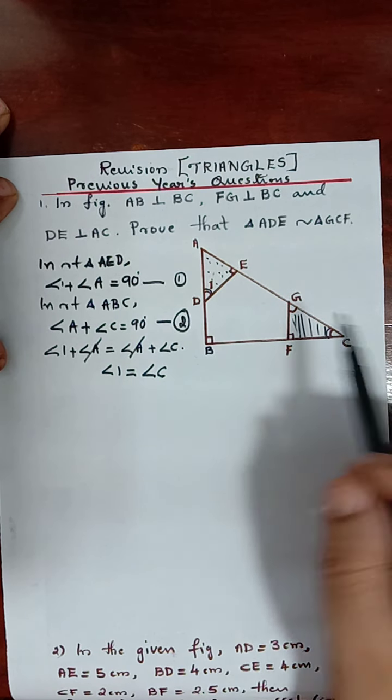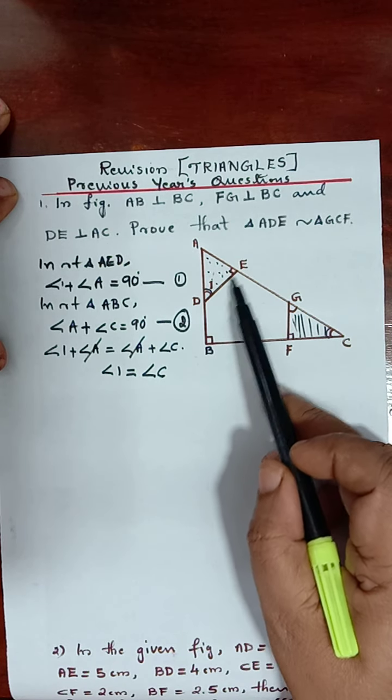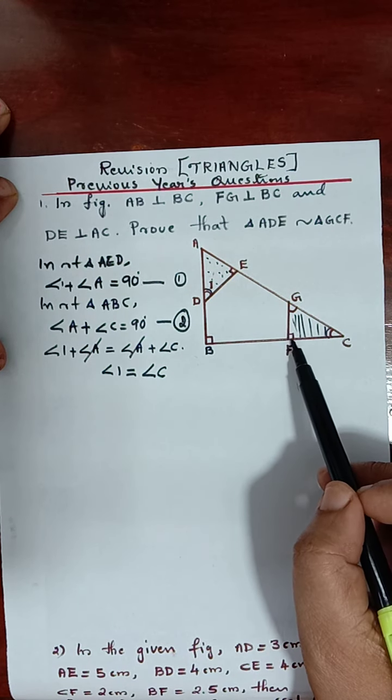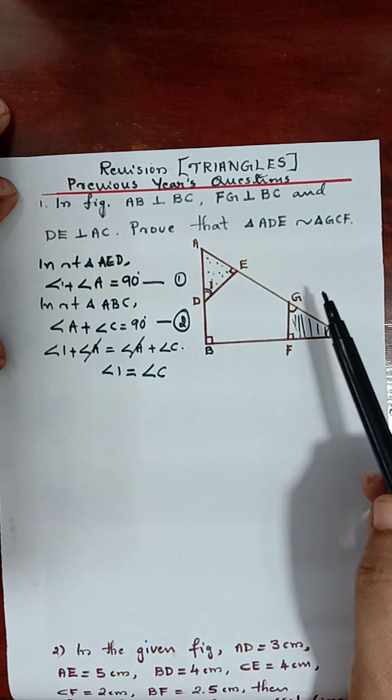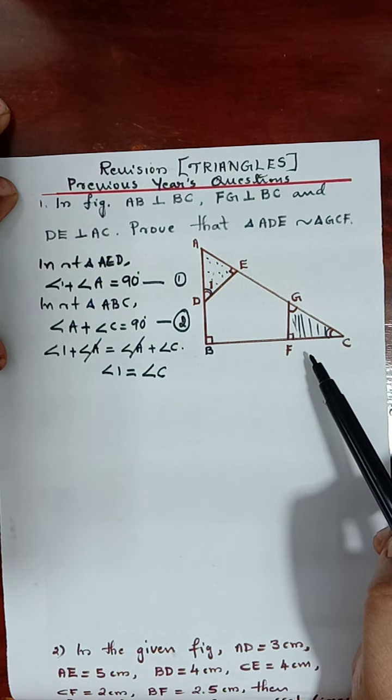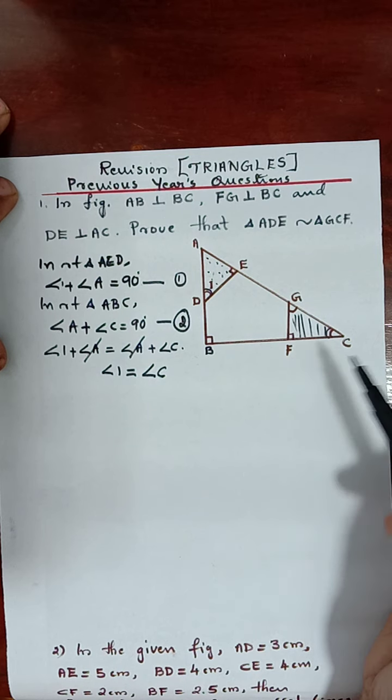And already we know angle AED equals 90 degrees, and angle GFC is also 90 degrees. Therefore, we can say by AA similarity, these two triangles are similar. So, two pairs we got.